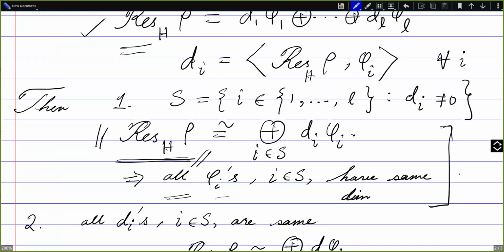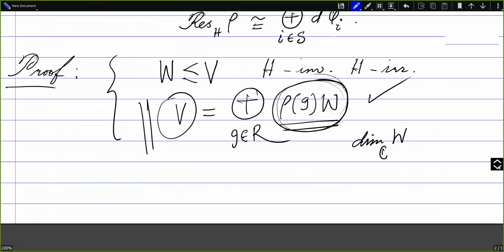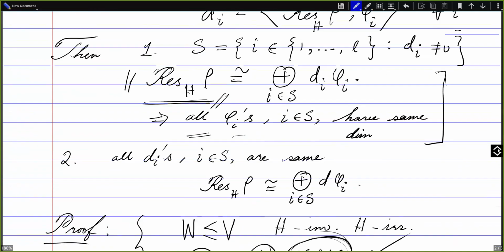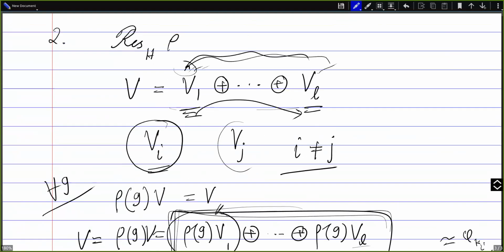We did it using the canonical decomposition, because if a representation occurs, then the number of times it occurs will constitute one Vi in the canonical decomposition.